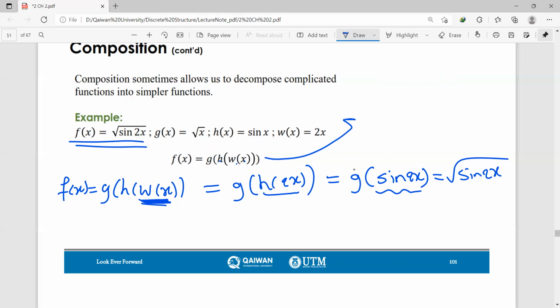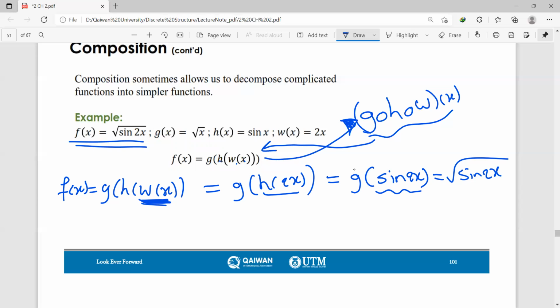So this equals to what? If we are given the composition G circle H circle W of X, and you write it in this form, it's G of H of W of X. Then we start from the last function.